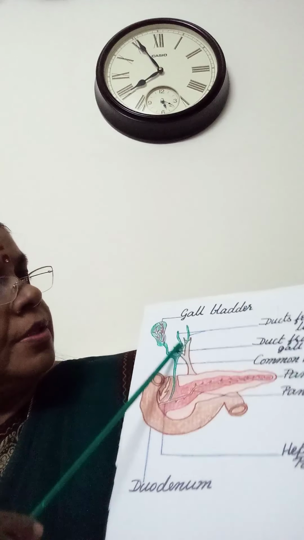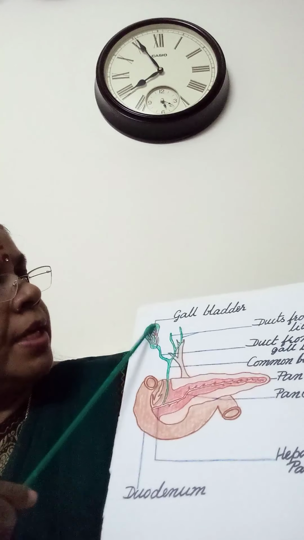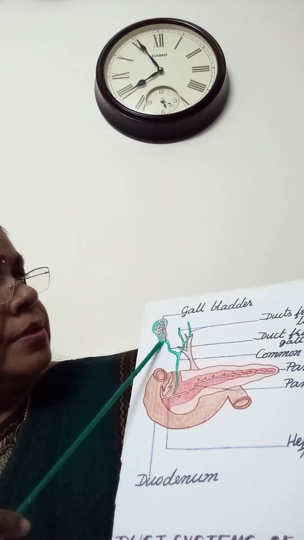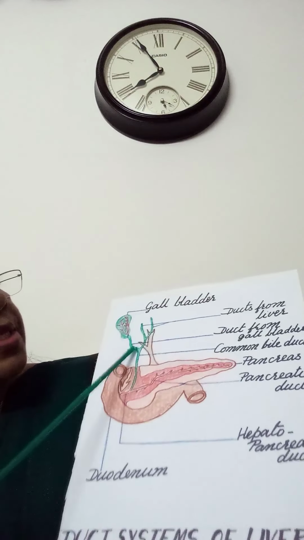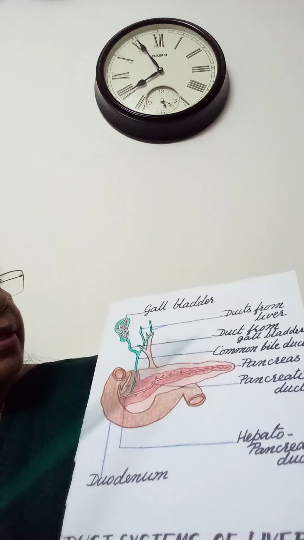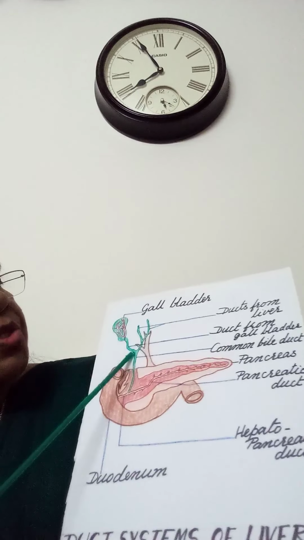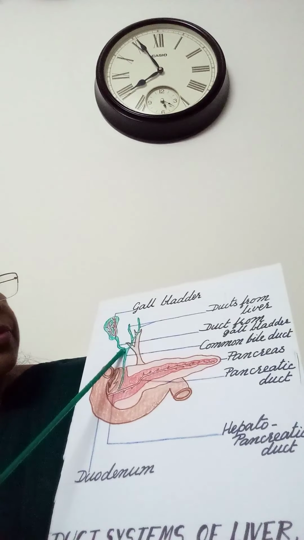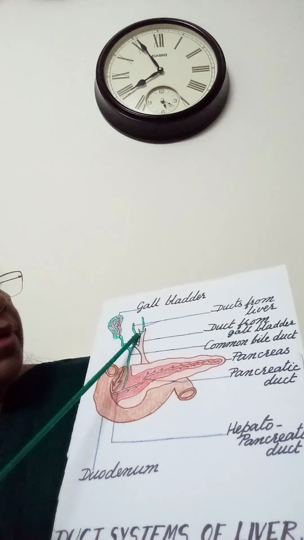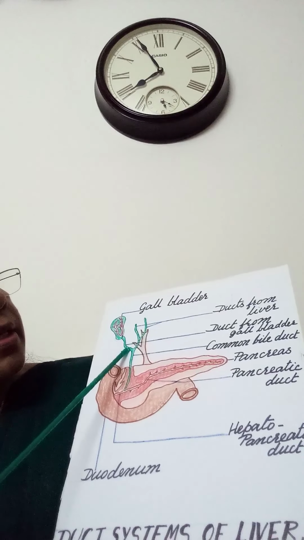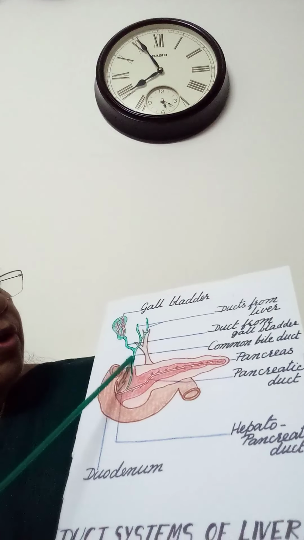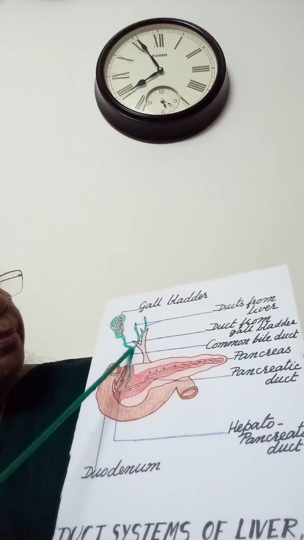This is the gallbladder, a small sac-like structure. This is the duct of the gallbladder, also known as the cystic duct. The duct from the liver and the duct from the gallbladder combine to form the common bile duct.